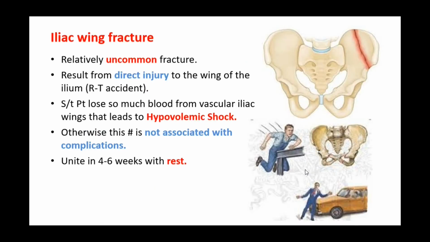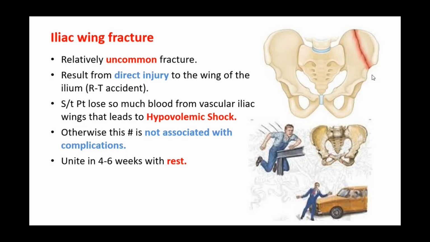Iliac wing fracture. This is a relatively uncommon fracture. As you can see here, it is an isolated iliac wing fracture. It usually results from a direct injury to the wing, and as we have already discussed, these fractures are encountered during road traffic accidents. So if something directly hits the region of the iliac wing, it will result in an iliac wing fracture.